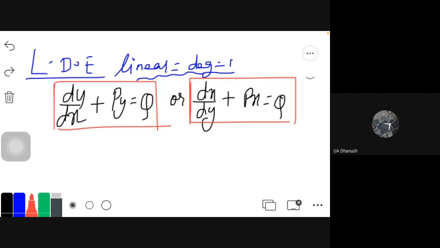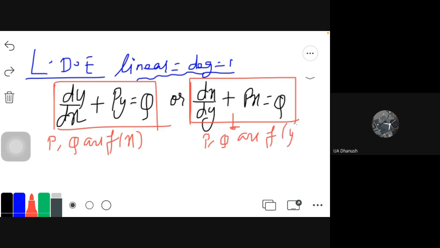Now what are p and q? Here p and q are functions of x in this case, and here my p and q are functions of y.